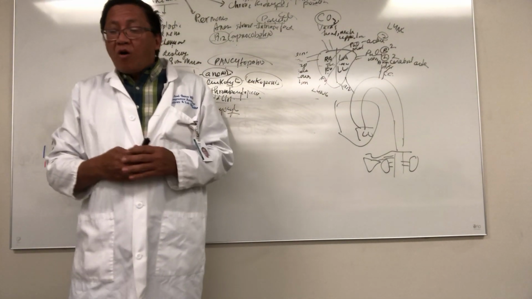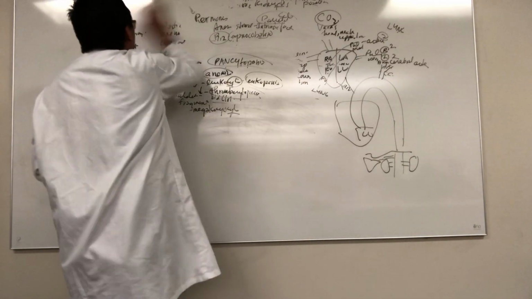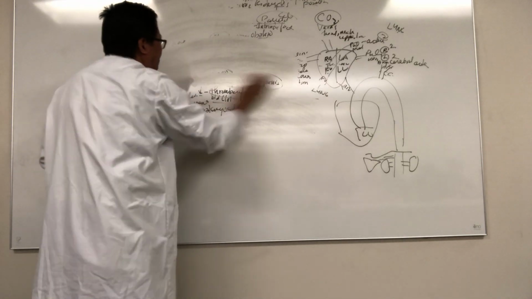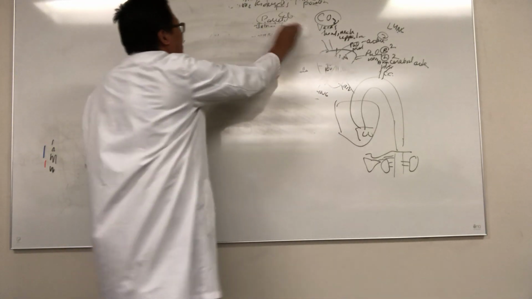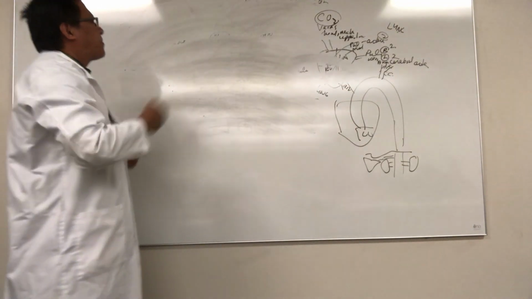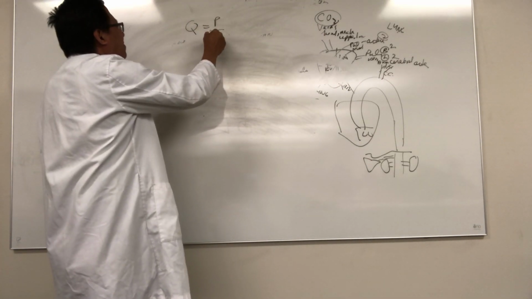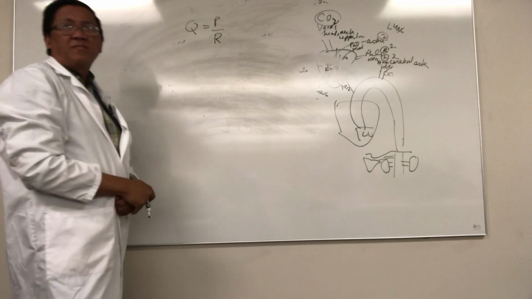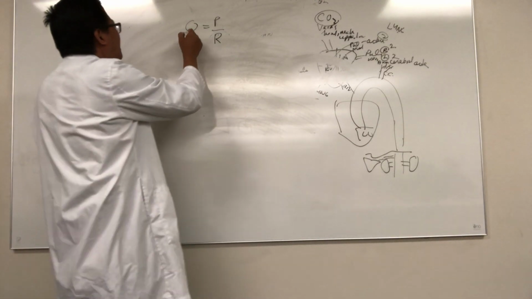Now, the topic on blood flow. Can anybody tell me what this formula is? Q is what?